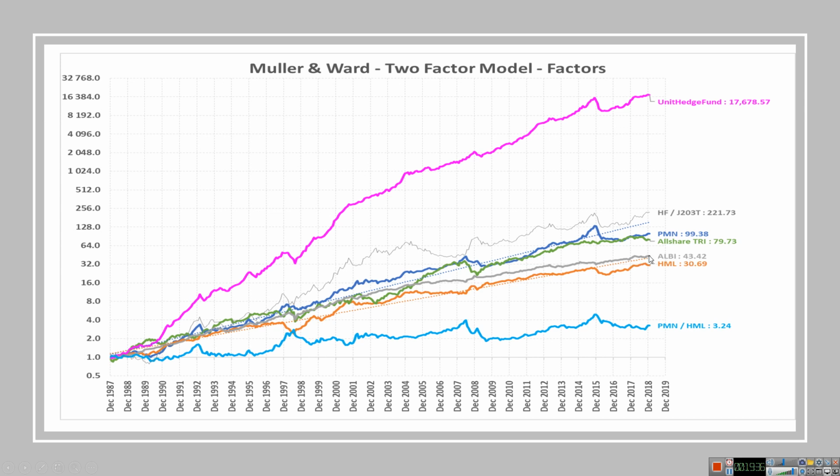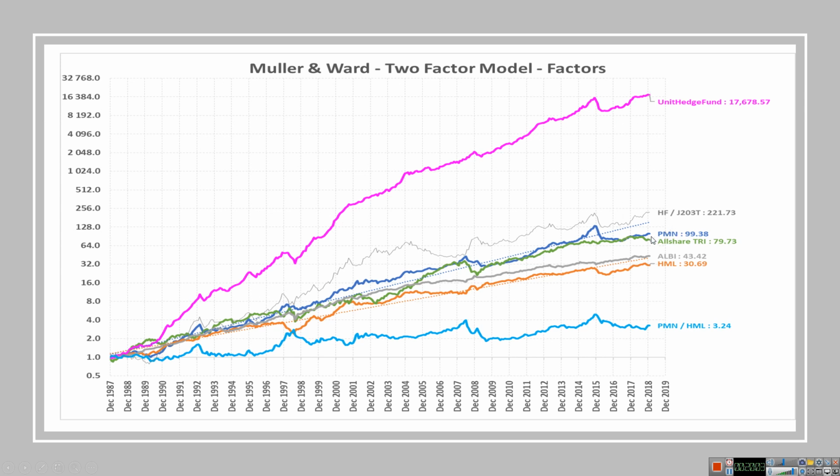But we have also been able to get the benefits of our 2 factors that we are running in terms of our hedge fund as well over here. And that has taken us from this performance down here up to our unit hedge fund. This is our hedge fund, which is running here in the background, showing you how that would have done.